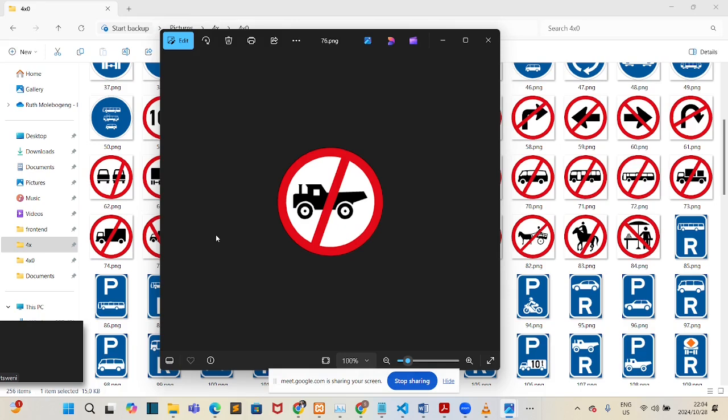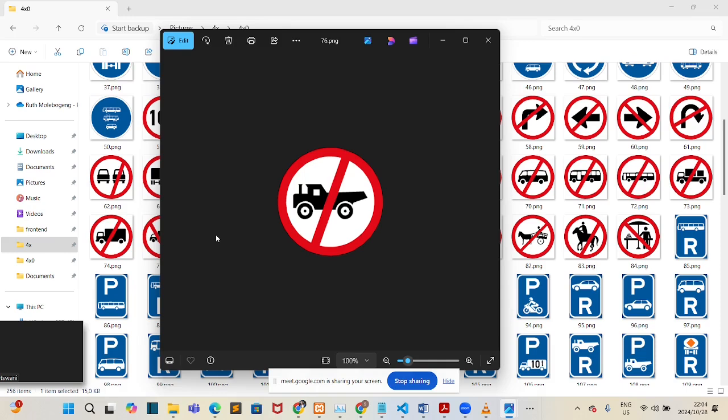B. Do not enter this area or use this part of the road if you are driving an agricultural vehicle. C. Do not enter this area if you are driving an abnormal vehicle. It's A. Correct.